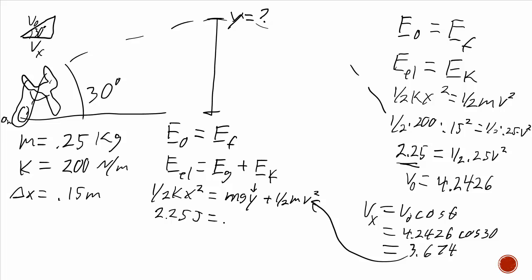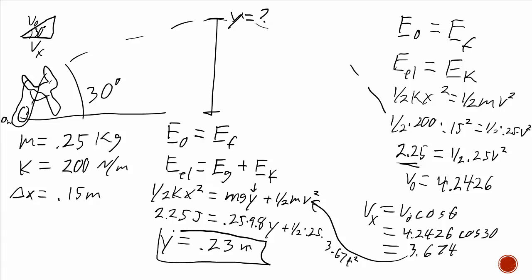Here my mass, 0.25 times 9.8 times y plus 1/2 times 0.25 times 3.674 squared. Anyway, you do the algebra from this point. Turns out you get a height of 0.23 meters. So not the best slingshot launch in the world, but some good physics going on.